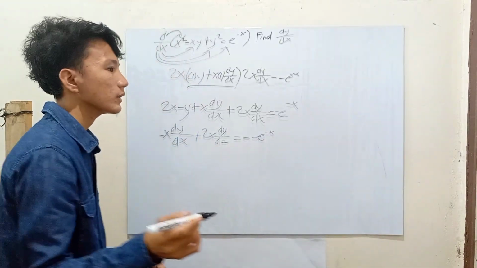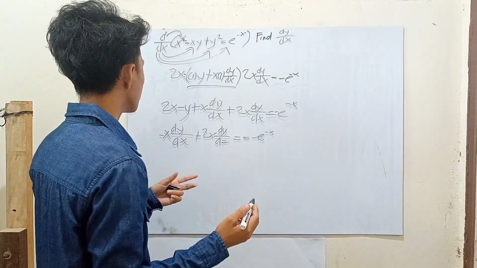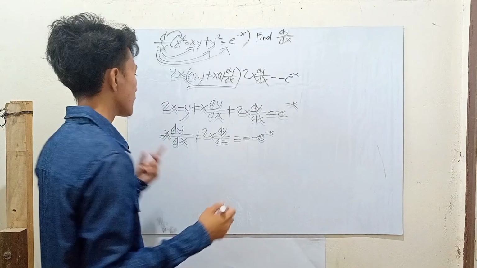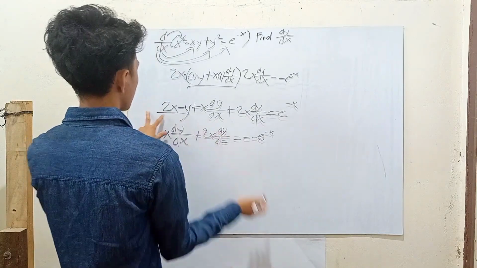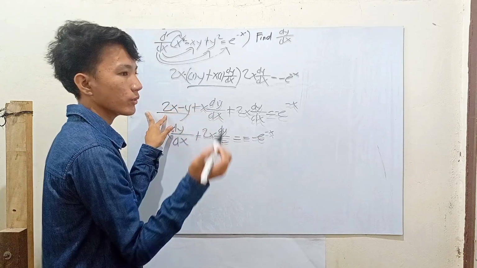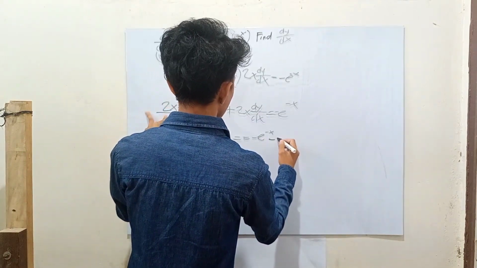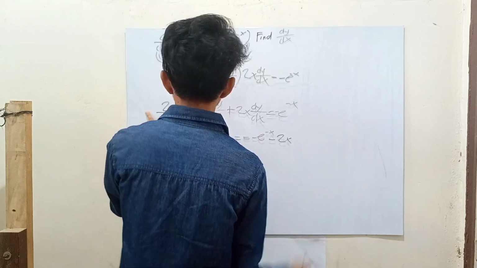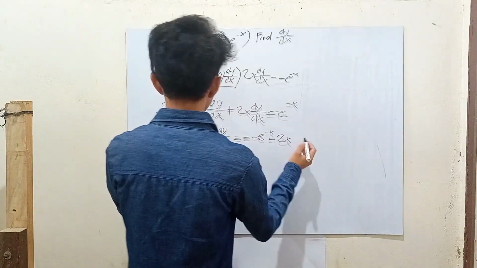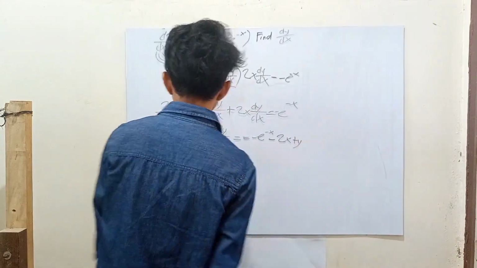Note that when you transpose a term, you need to change its sign. The positive 2x will become a negative 2x, and the positive y will become negative y.